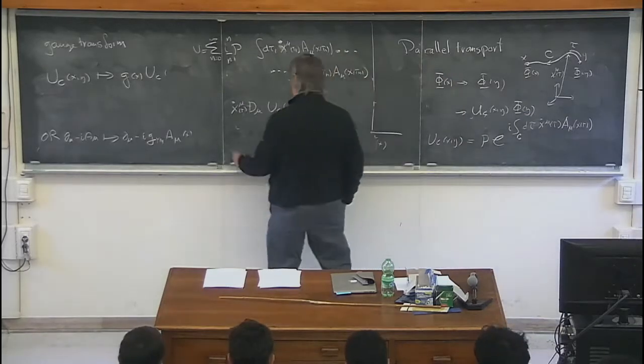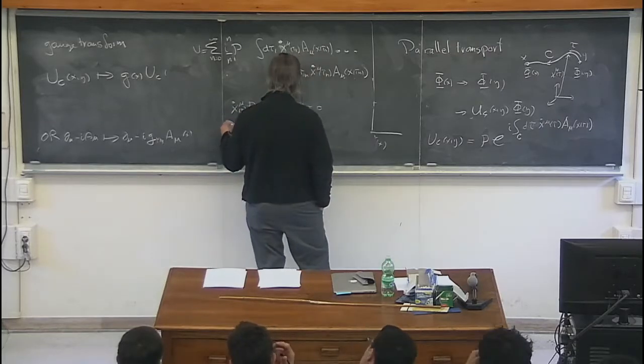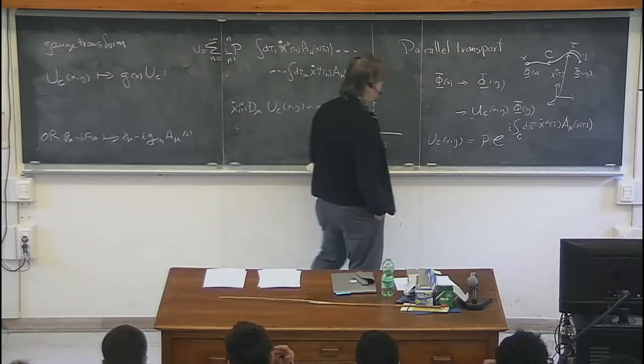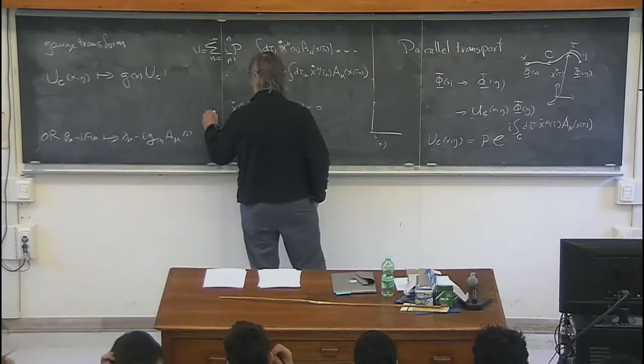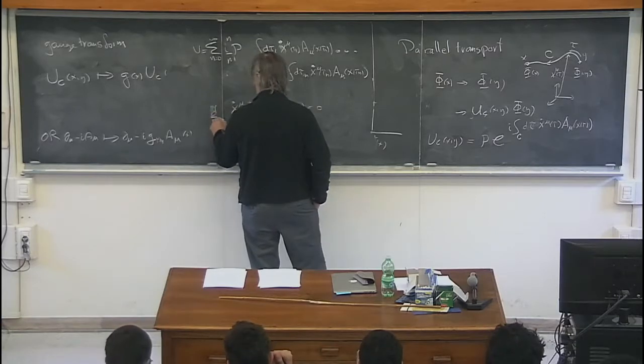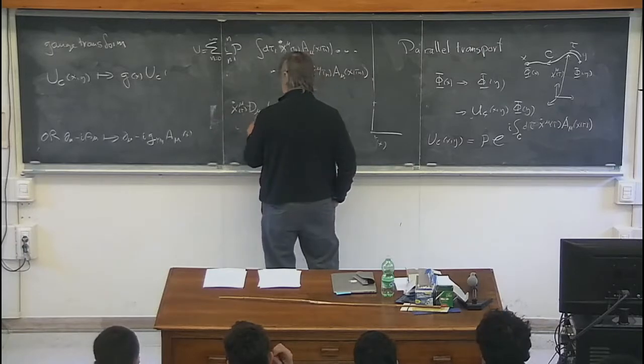Actually, it's not quite this, sorry. It's, if you parameterize the endpoint of the path by a final point here, yeah, okay, that's already in the covariant derivative.